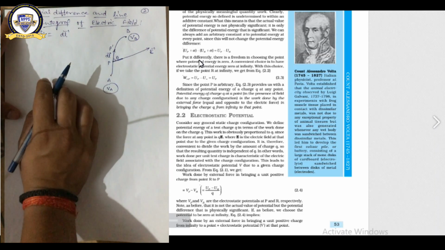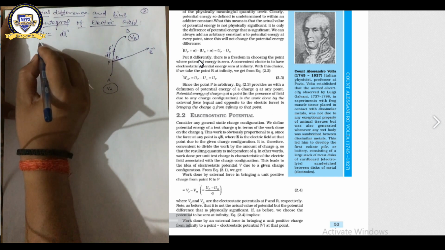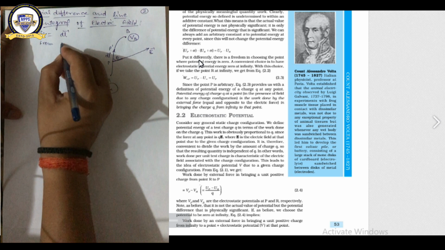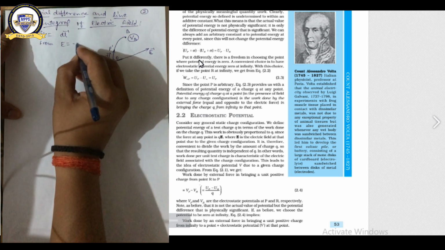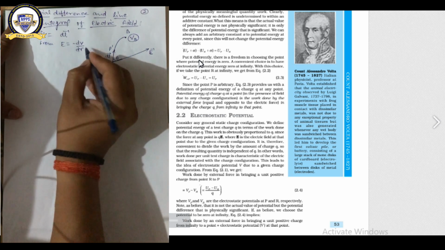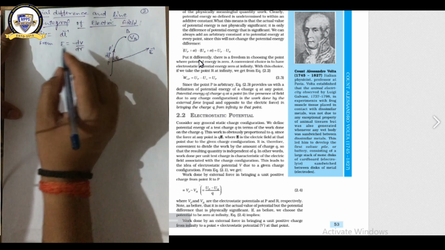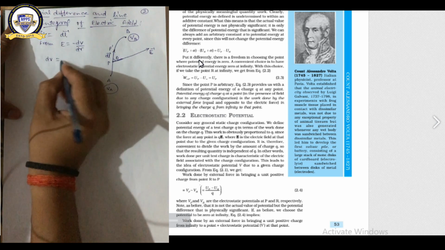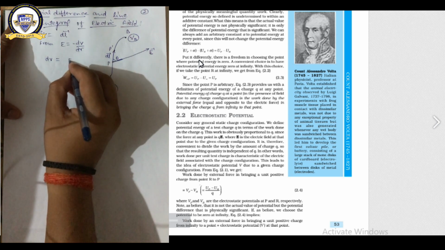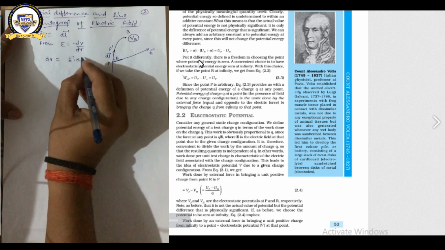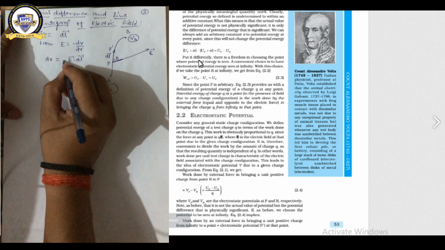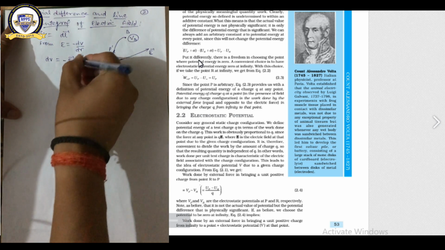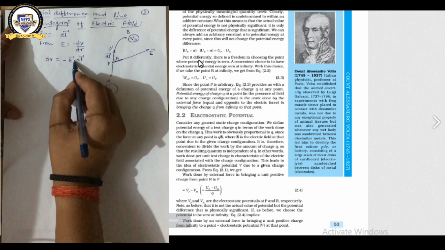Then from E is equal to minus dV upon dr, by using this relation we can write dV is equal to minus E dot dl. Why here is it the scalar product? Why here is it the dot product?